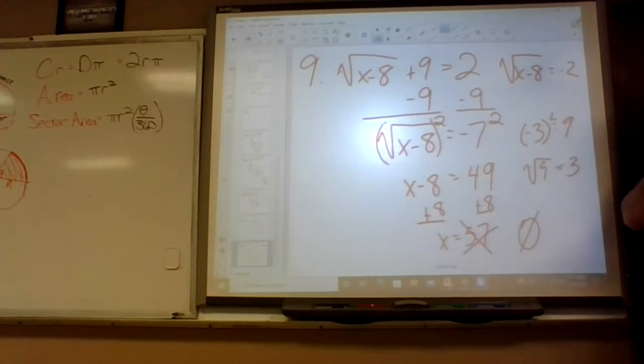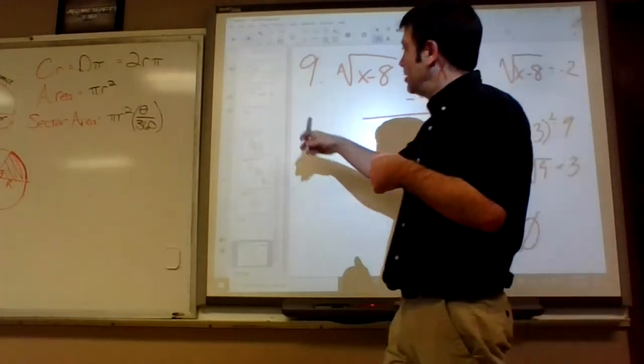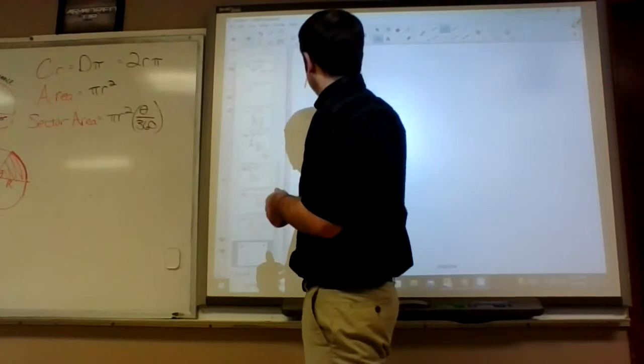Right. Like if you plug in square root of 49, your calculator will never say negative 7. It always says positive 7, even though negative 7 squared is positive 49. Okay. Clear as mud? Yeah, okay, good.